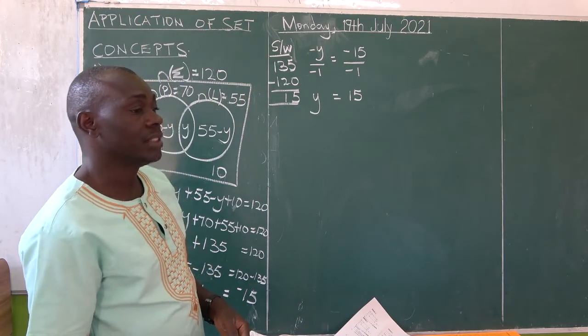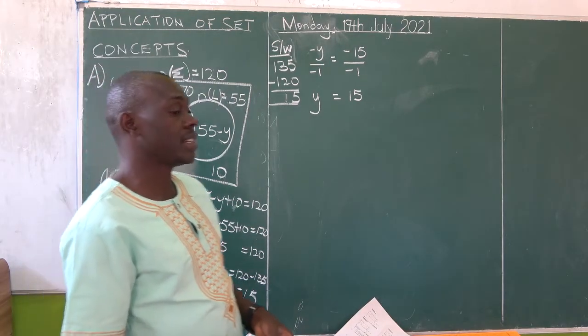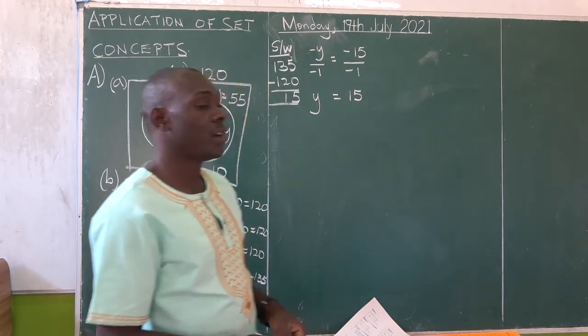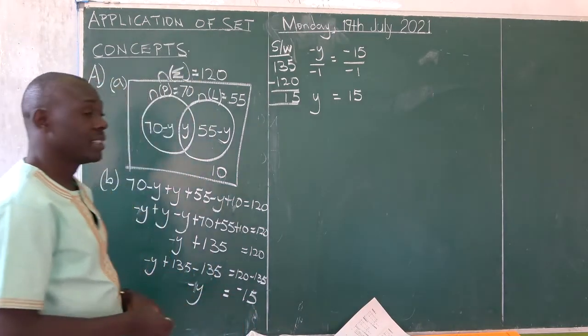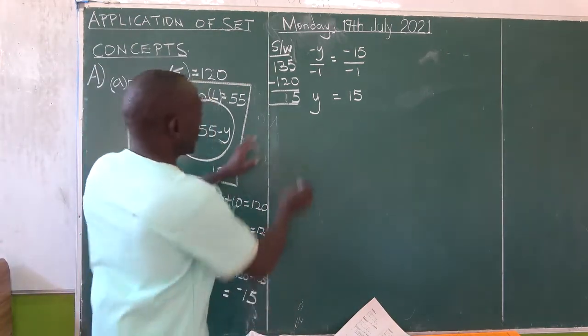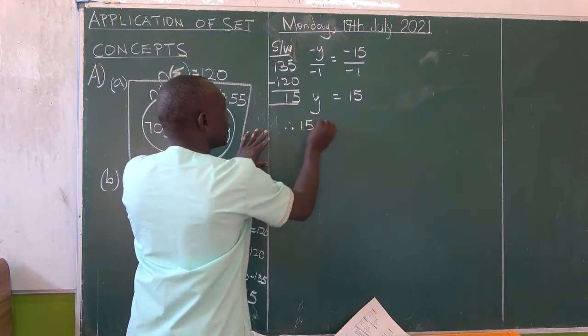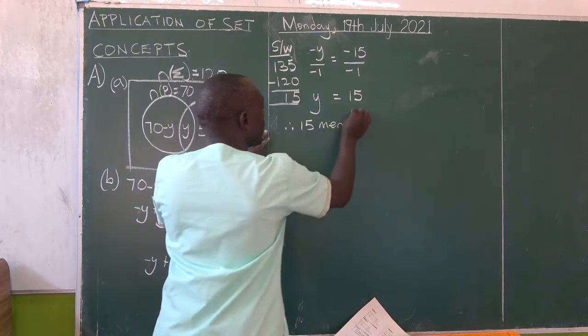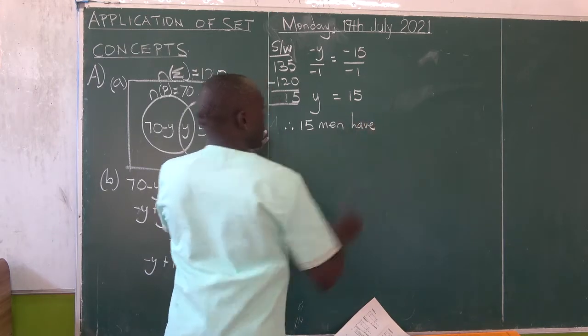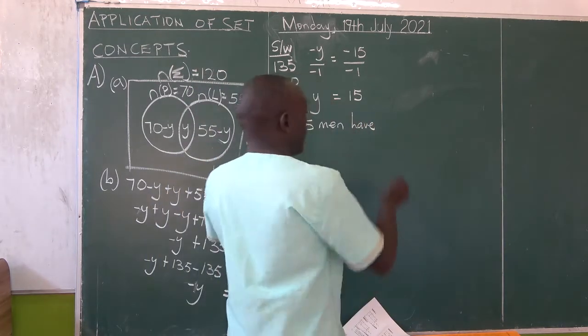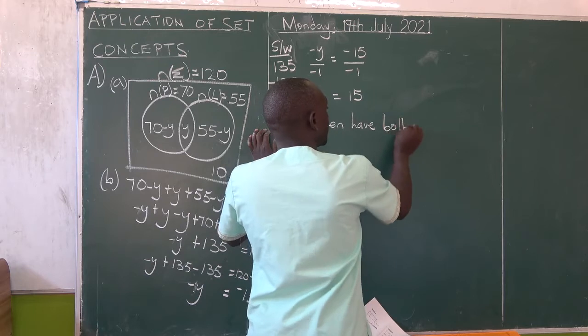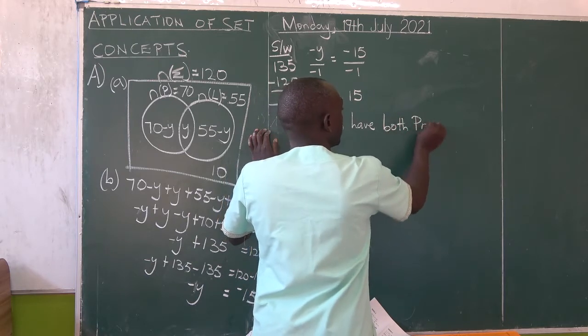But now, in response to the question that says find the number of rich men who have both Prado and Lexus, you then just conclude and say, therefore, 15 men have both Lexus and Prado.